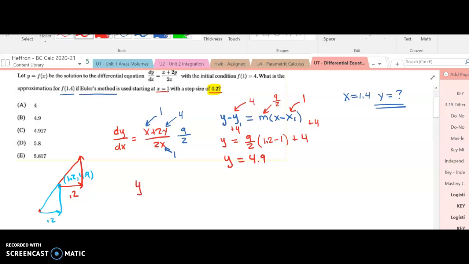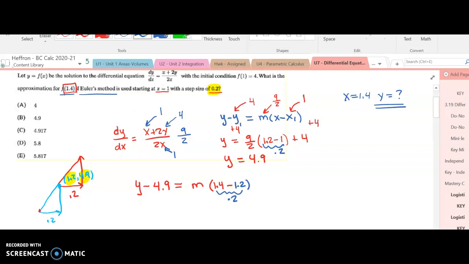So the y I'm looking for minus the 4.9 that I'm starting with, that's my y1, equals, well, I need a new m this time, times the final x we wanted, 1.4, minus, this time I'm starting at 1.2, because remember this point right here is (1.2, 4.9). Well, it turns out this is always going to be our step size of 0.2. It was this time, it was the last time, that's always going to be the case.